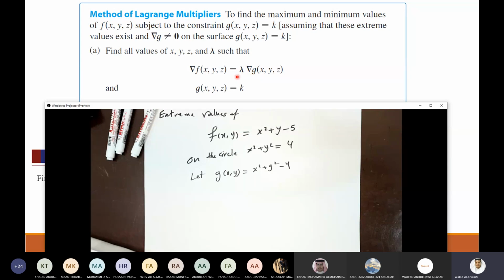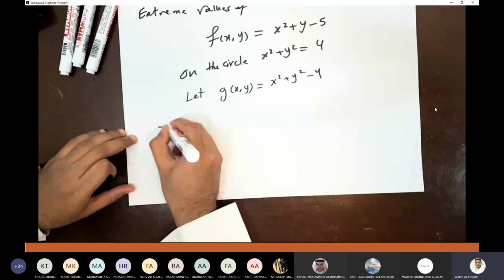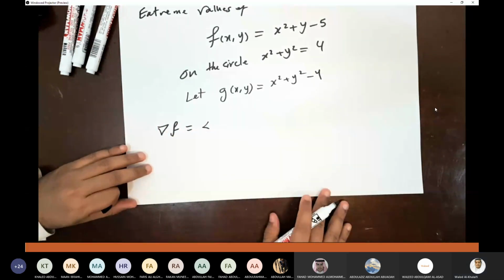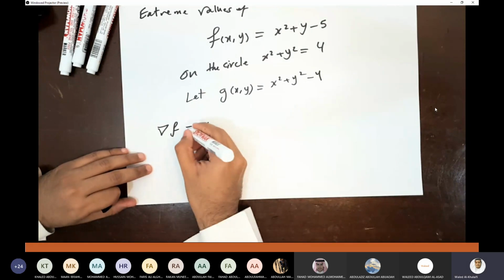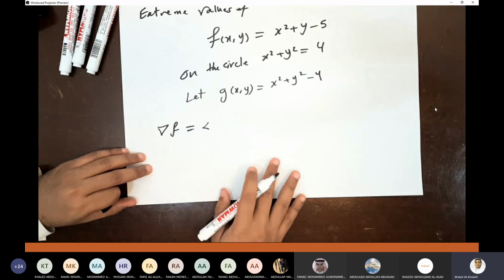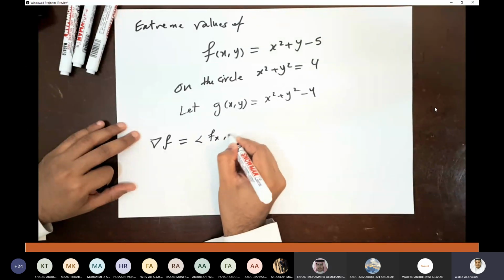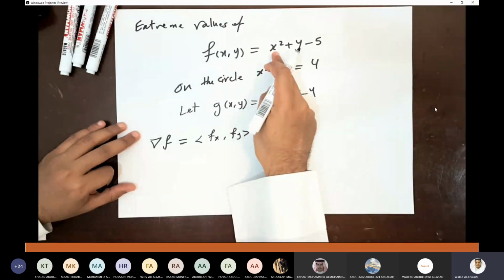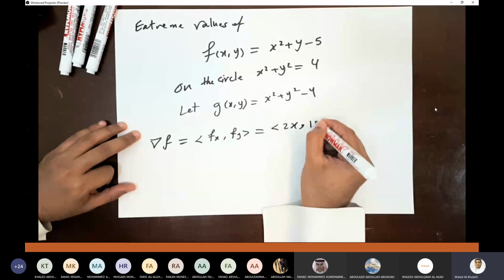Now the next step: we want to do gradient f equals lambda gradient g. So what is gradient f? You have an exam on Wednesday, so you should know what gradient f is. The partial derivative of f with respect to x is 2, comma, the derivative of f with respect to y is 1.